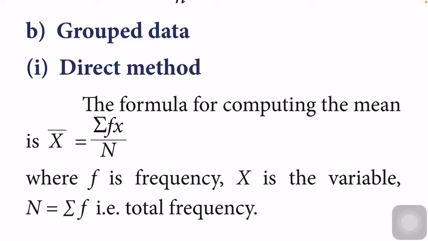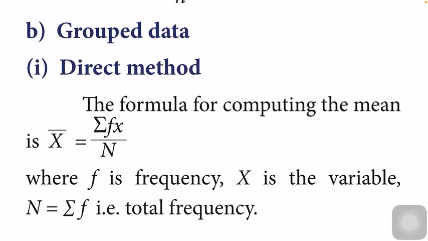In that case, we can group them, those who have the same marks under one category. The number of girls who got 25 is 5. The number of girls who got 33 is 7. Like that we can group them. This is known as grouped data.